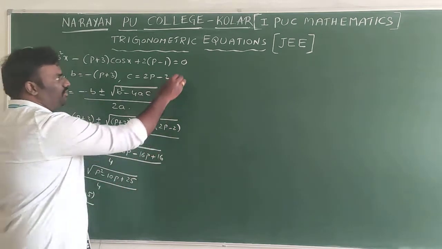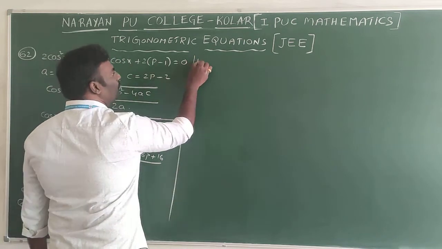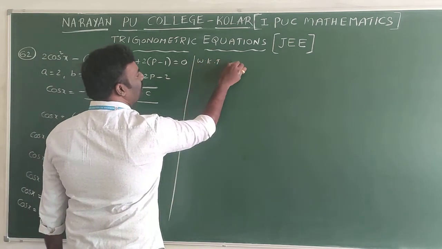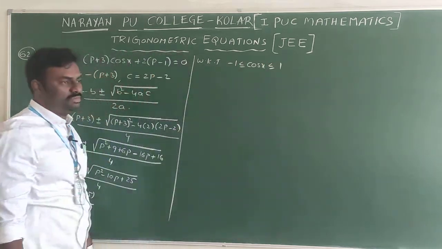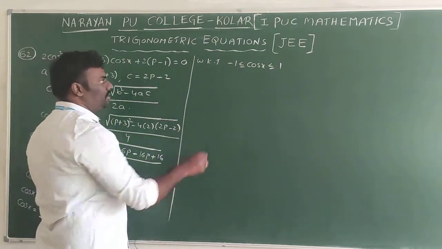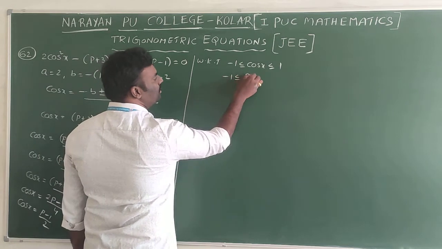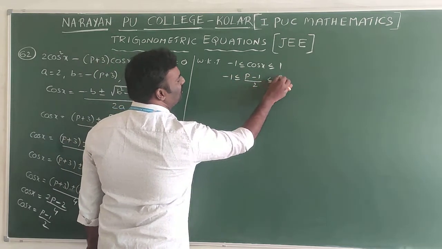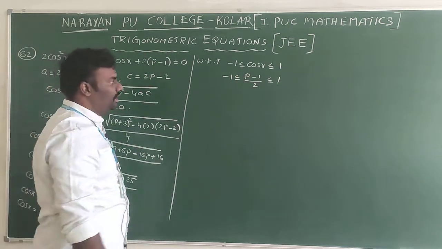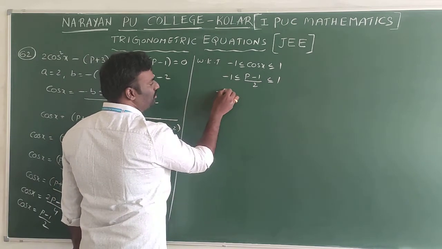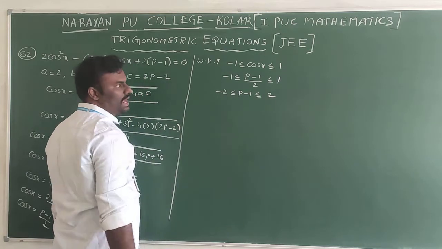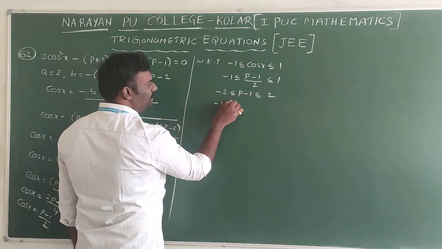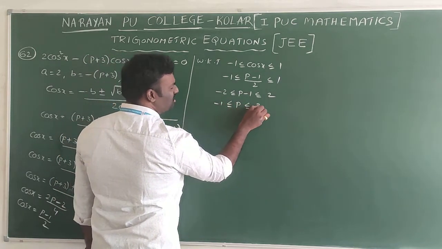Again we know the range of cos x is minus 1 to plus 1. So now minus 1 less than or equal to (p minus 1) by 2 less than or equal to 1. If you multiply by 2, minus 2 less than or equal to p minus 1 less than or equal to 2. Adding 1, minus 1 less than or equal to p less than or equal to 3.